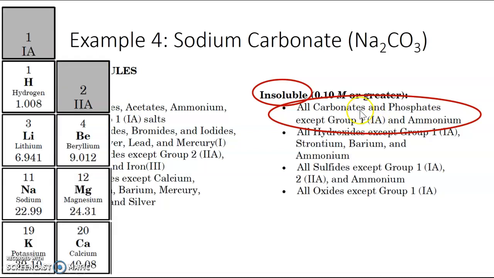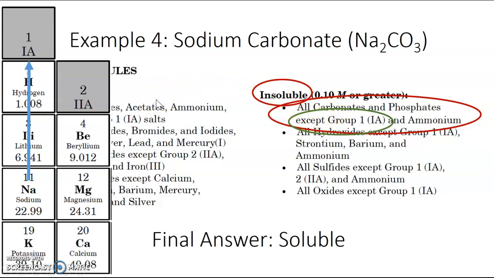So we open our periodic table, we find sodium, and we see that it is group 1, which means that this exception does apply to us. And since we are an exception, we're not going to stay on the right-hand side of the solubility rules with the rest of the carbonates. We would fall on the left-hand side, predicting that sodium carbonate will be able to dissolve in water.